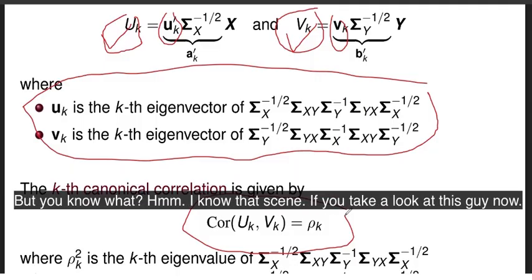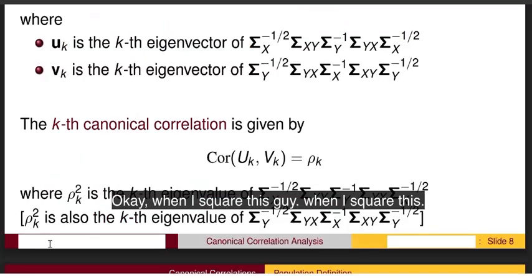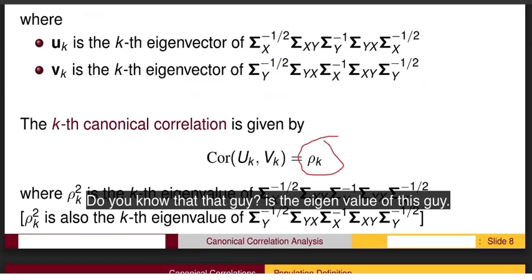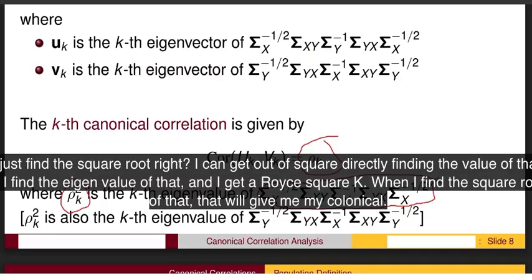But you know what? Another thing, if you take a look at this guy now, when I square this, do you know that it is the eigenvalue of this guy? For instance, if I want to get R squared, it's very easy to get R, I just find the square root.